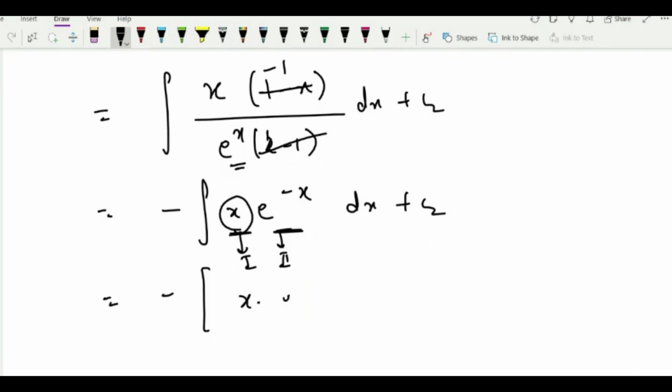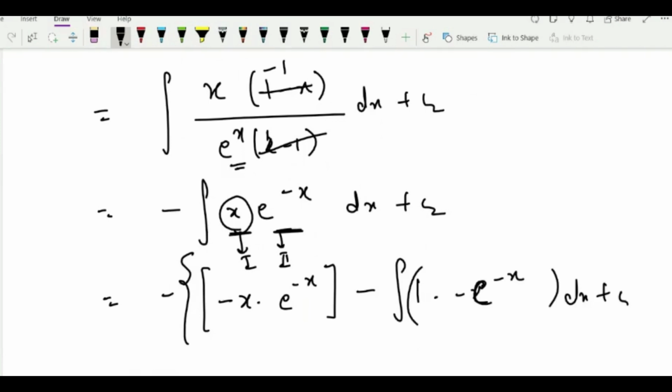First as it is, the integration of second, minus integration of the differentiation of first and integration of second, into dx plus c2.